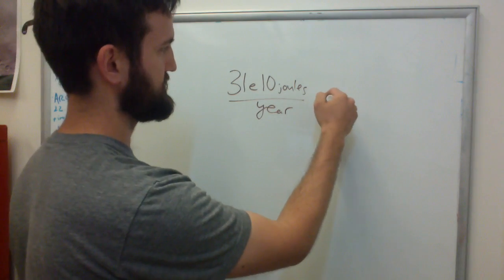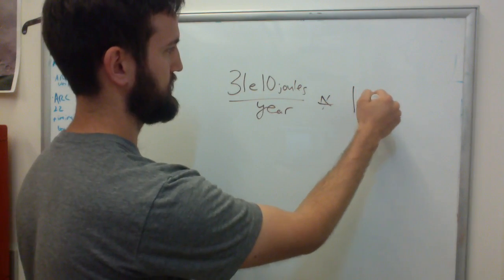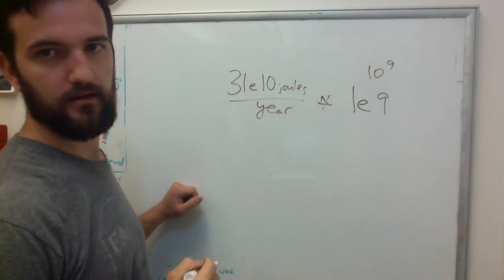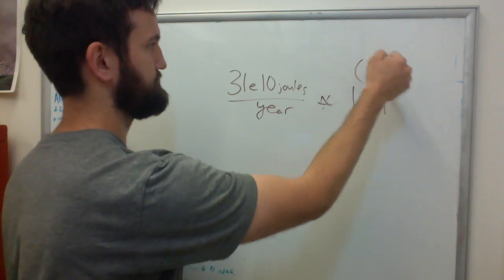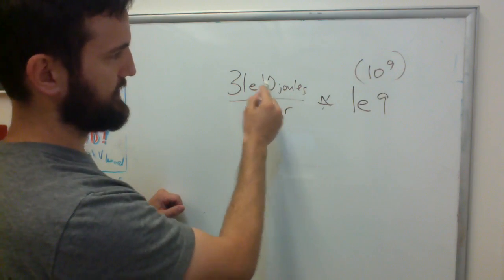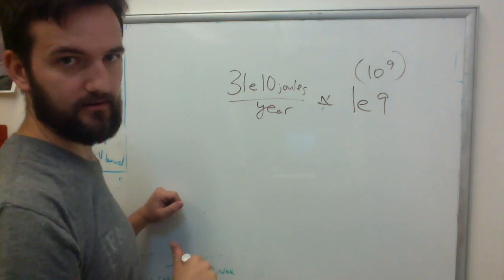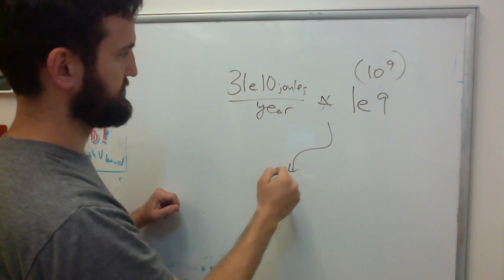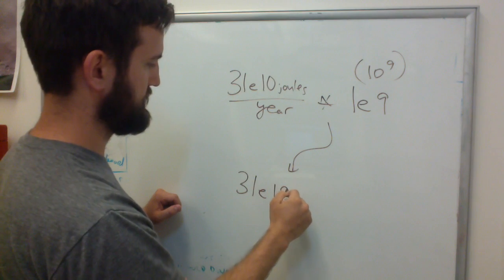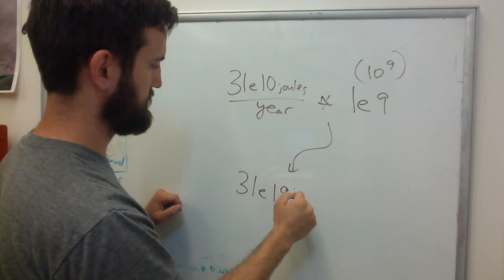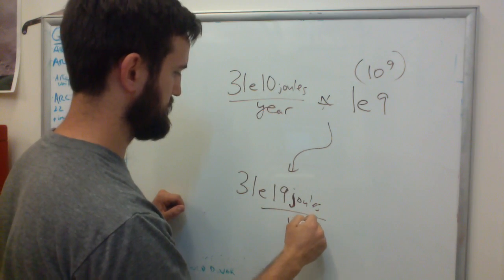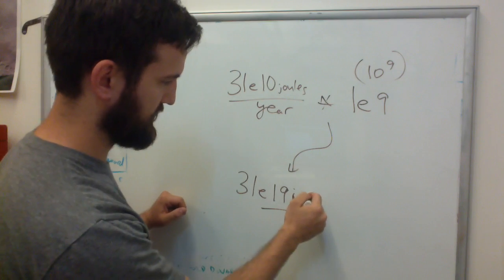So now we're multiplying this by 1e9, or 10 to the 9th. It's the same thing. We're taking our exponent 9 and adding it to the exponent that we have over here. And so this becomes 31e19 joules per year. Wow, I wrote that terribly.